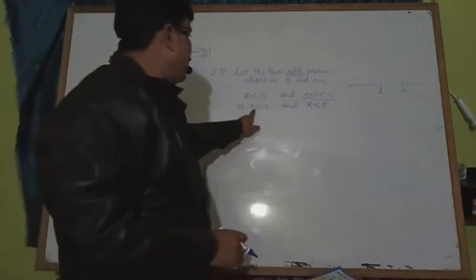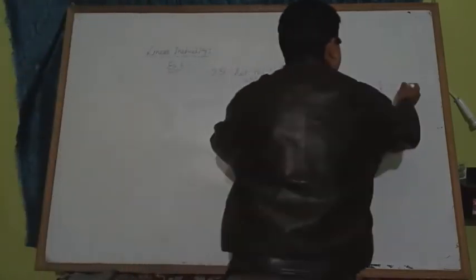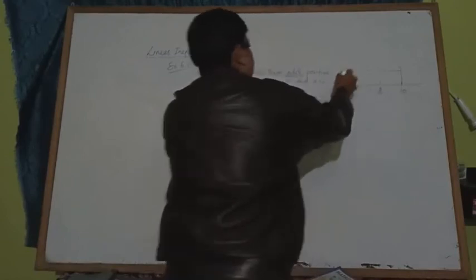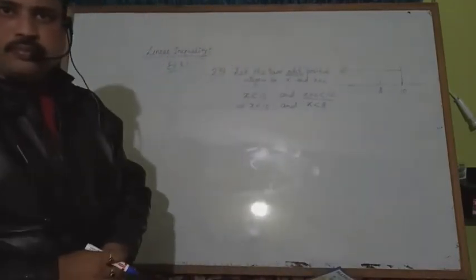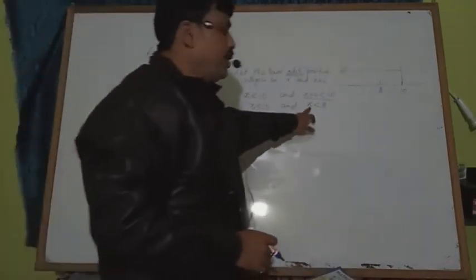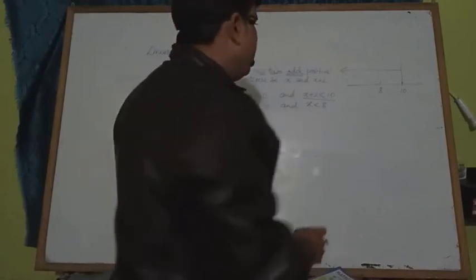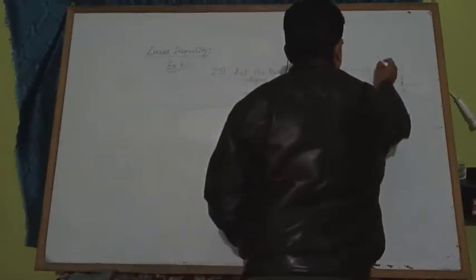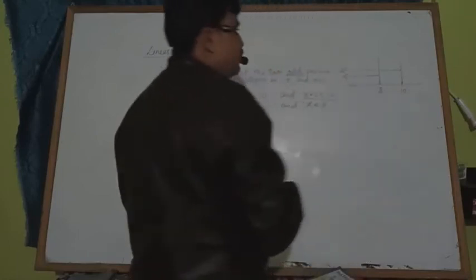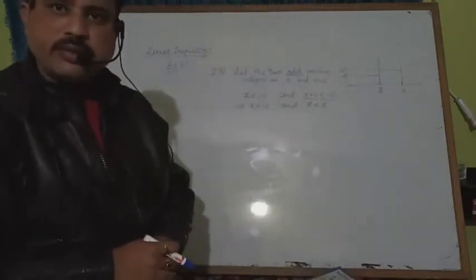It says x is less than 10, so it will go to this side. This says x less than 8, so it will go to this side.